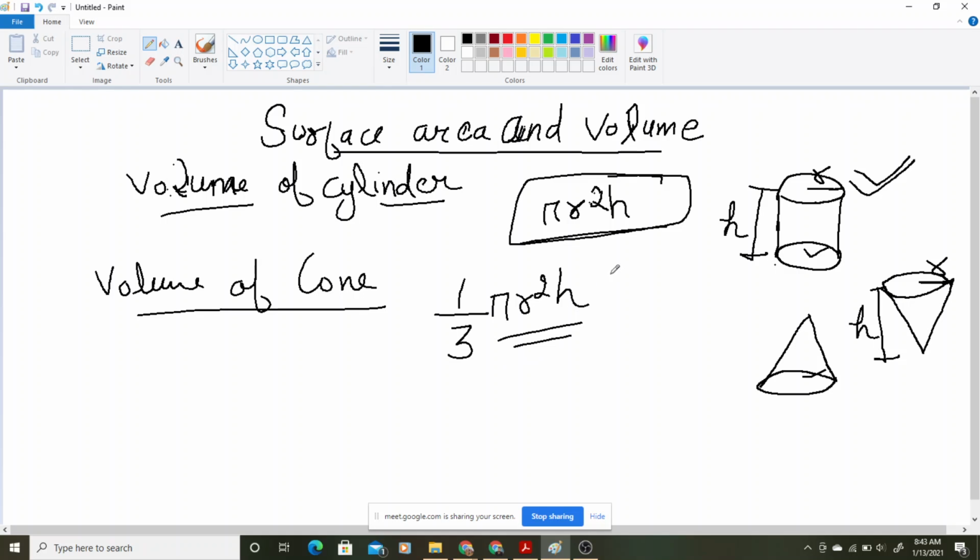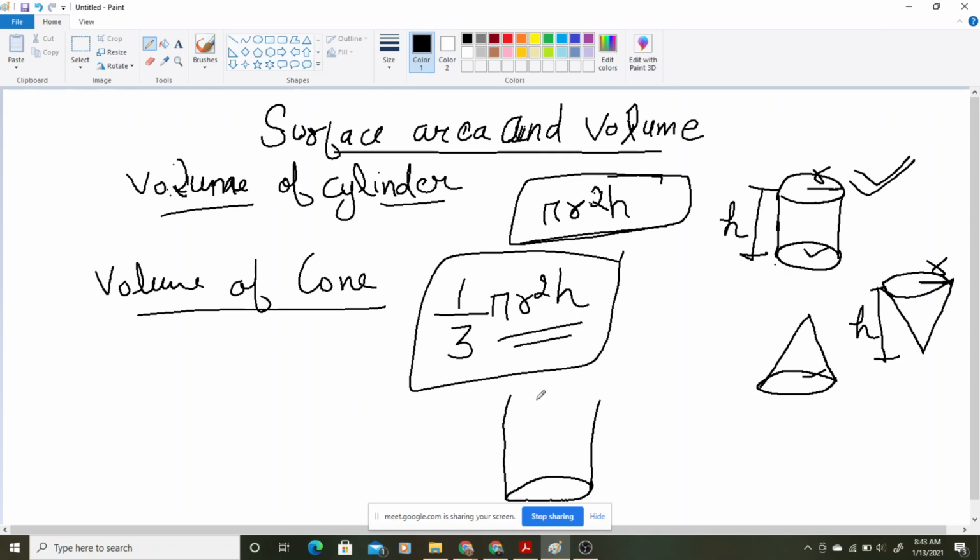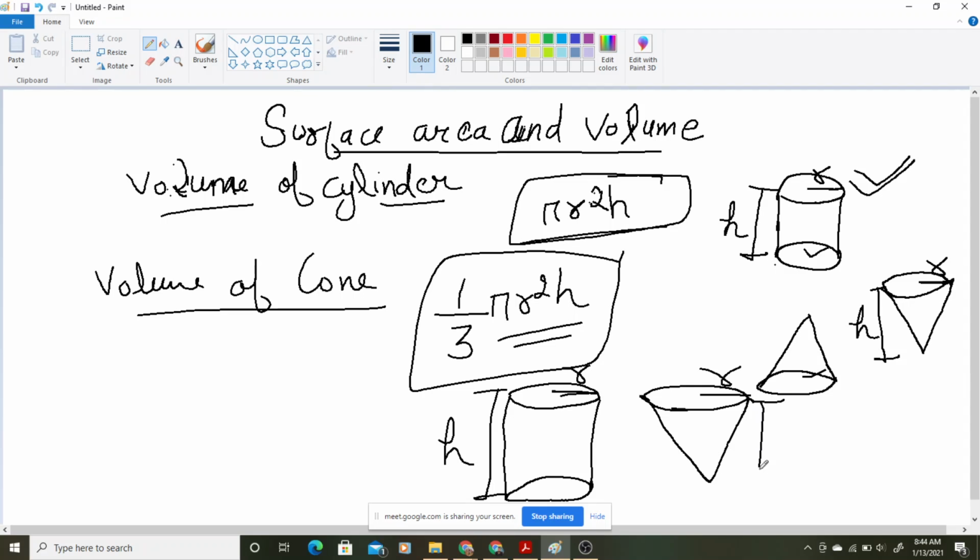But why am I saying 1/3? See, if I have one cylinder and one cone like this, both have the same radius r, and both have the same height h.